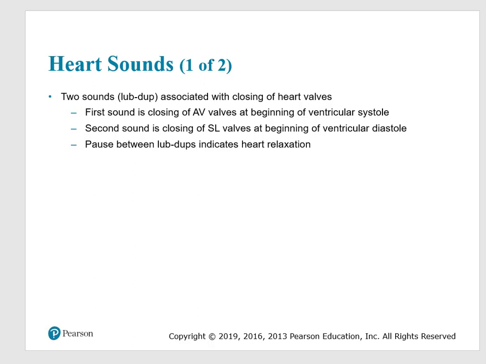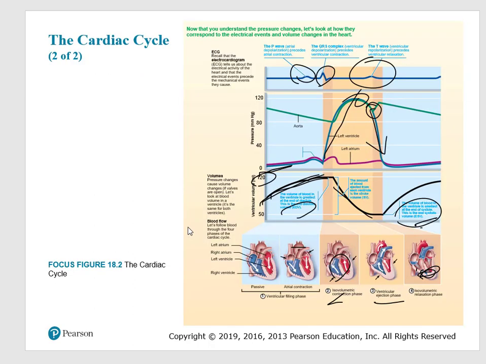The first sound, S1, the lub sound, is due to the AV valves closing, that'll be your bicuspid and tricuspid closing. When those valves close, the blood is in the ventricles. If you look at this cardiac cycle, they're in the isovolumetric contraction phase. The AV valves close, and that's when you hear the first sound of your heartbeat.